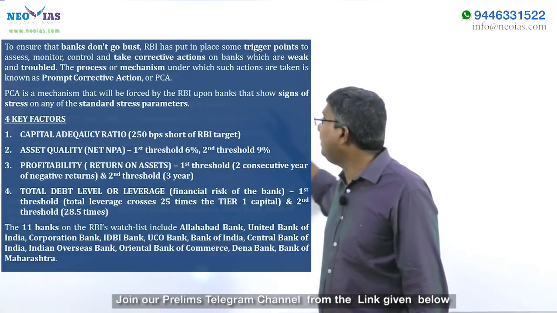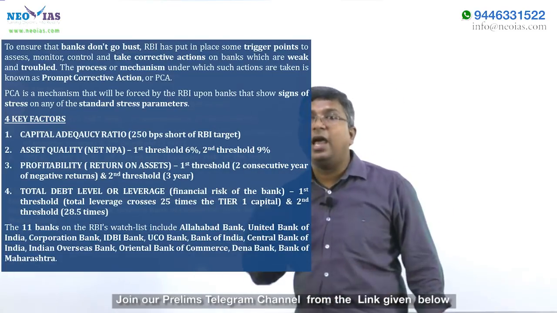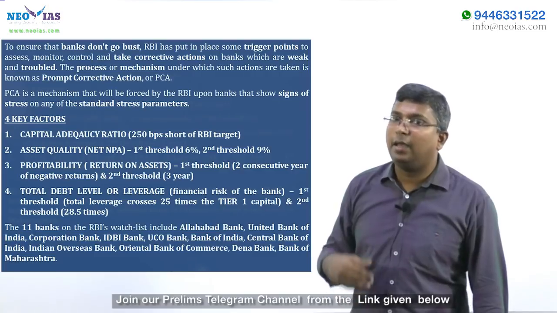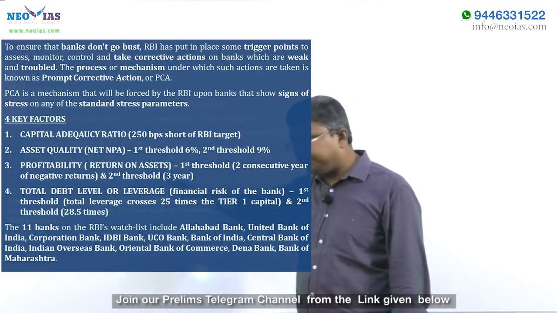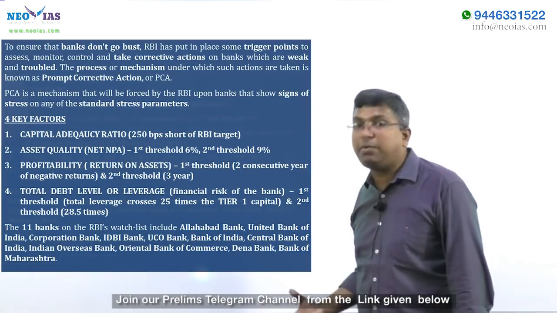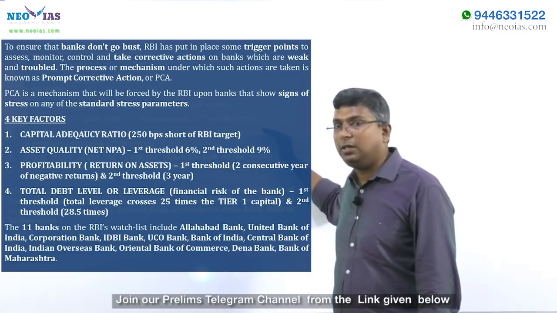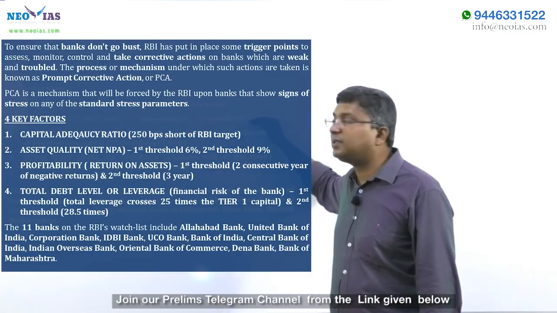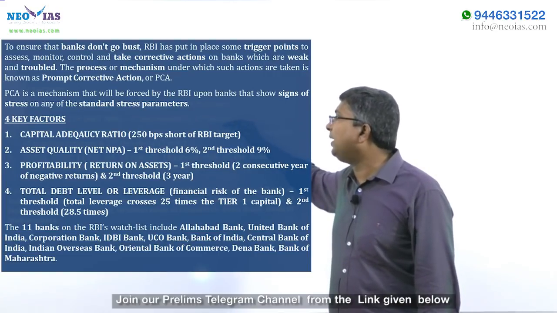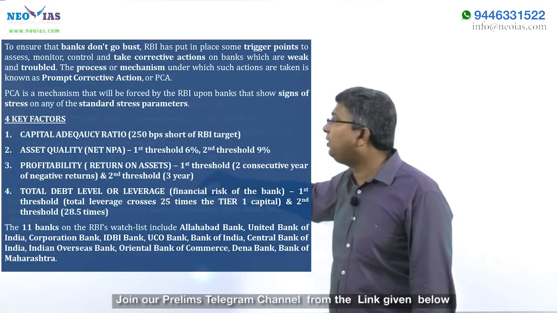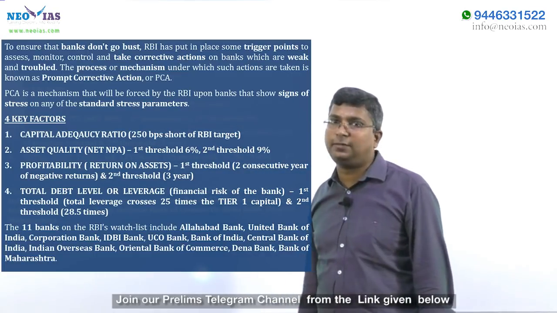And if it crosses 9%, then it has crossed the second threshold limit, and more stringent actions will be taken by the RBI on that particular bank. Many Indian banks, particularly public sector banks, have breached this threshold limit. Even many have touched 9% net non-performing assets, and many public sector banks have been put under the prompt corrective action list mainly because of asset quality as well as return on assets.